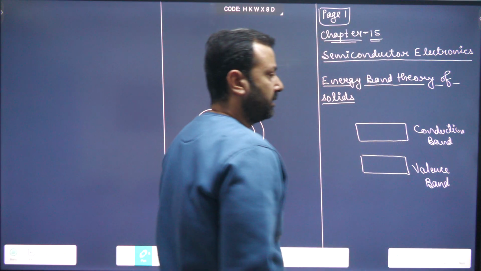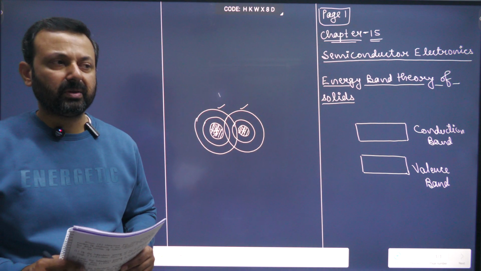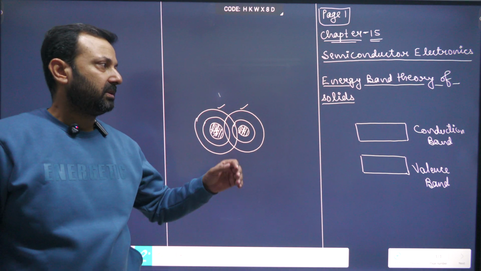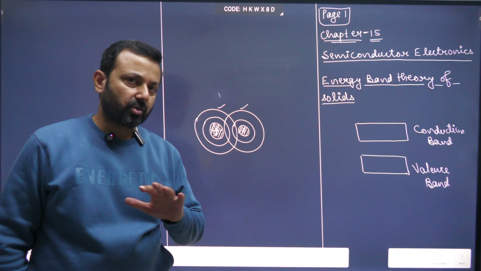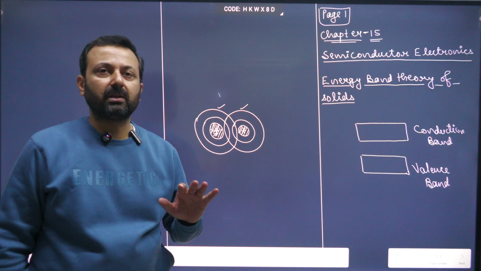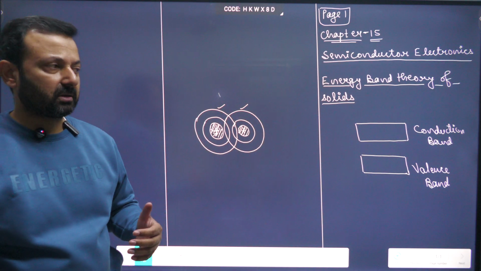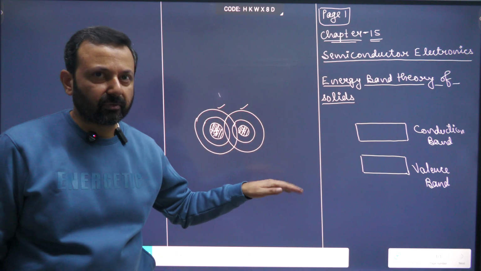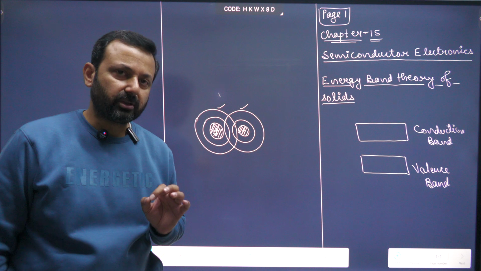Any material will behave like a conductor if there are electrons in the conduction band, and if there are electrons only in the valence band, then that material will not behave like a conductor. So for a material to behave like a conductor, electrons will have to jump from the valence band to the conduction band. So this is all about band theory.